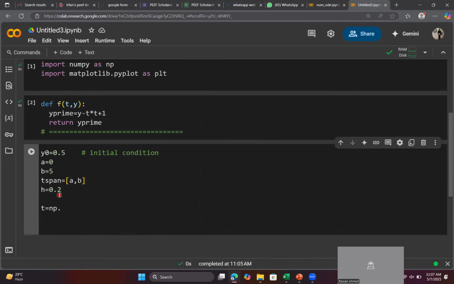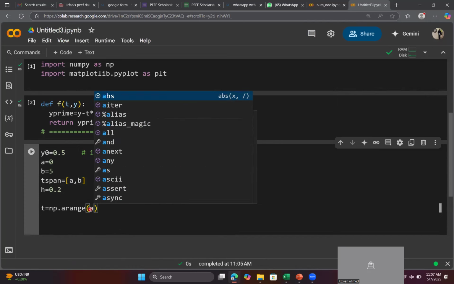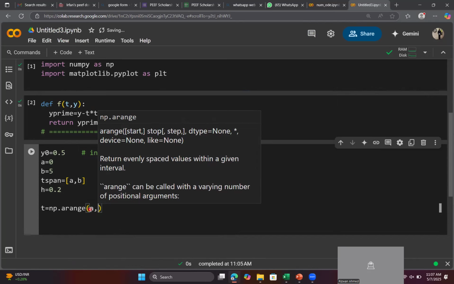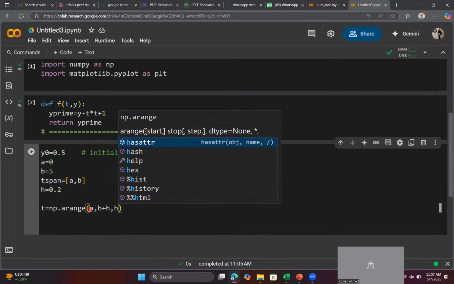That is the vector of time. I could generate this with numpy linspace, which requires start, stop, and number of intervals. So I use the other function, numpy arange, which requires start, stop, and step. I use a as the start, and to stop at b, I use b plus h, and the step size is h.